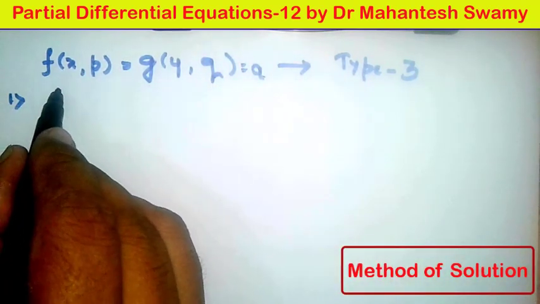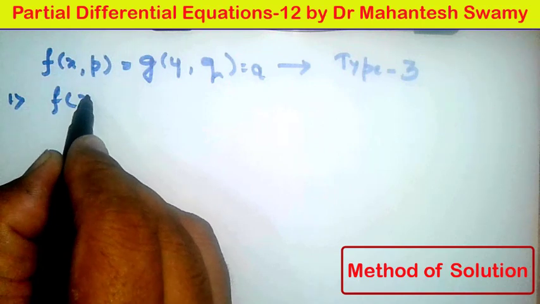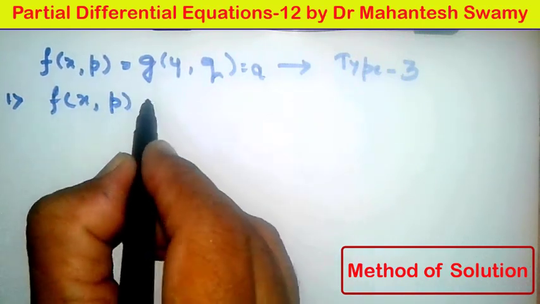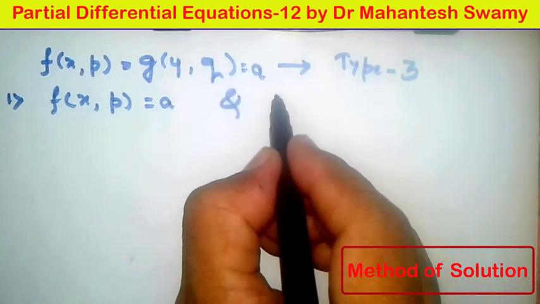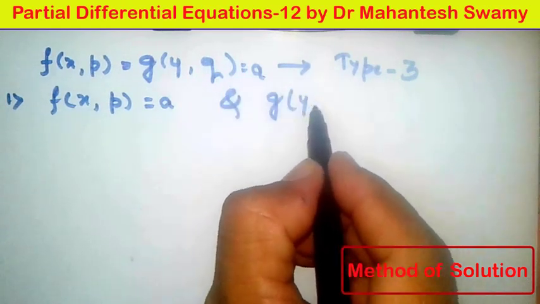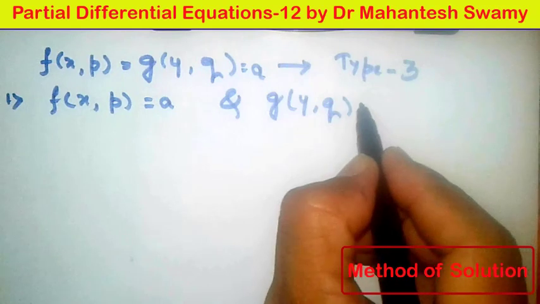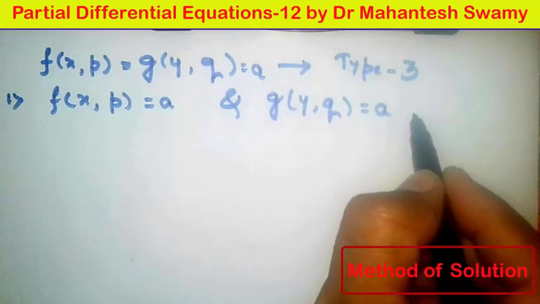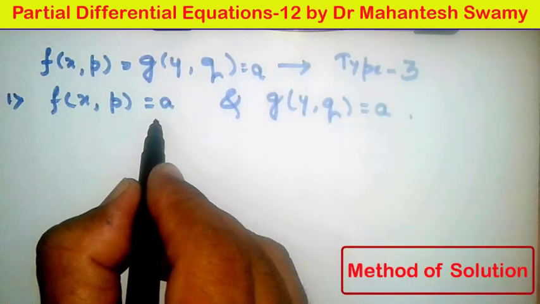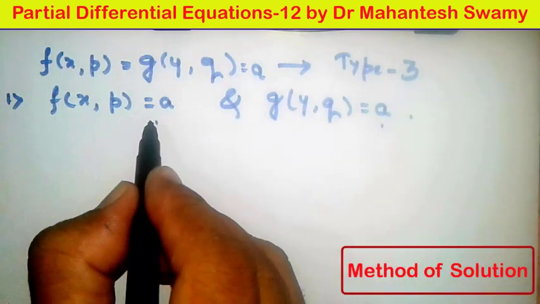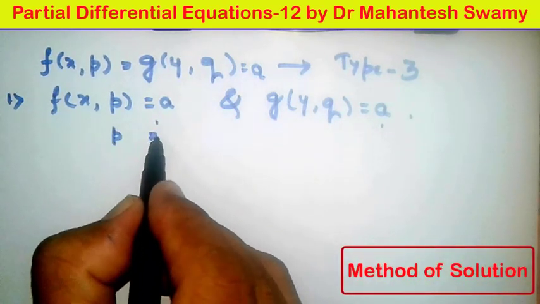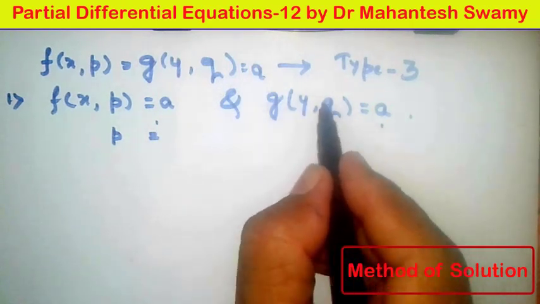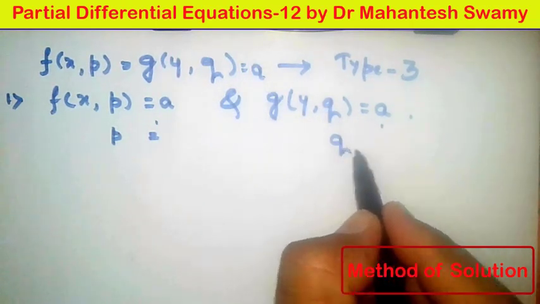Therefore f of x comma p, the left hand side, equals a, and the right hand side also equals the same arbitrary constant a. Now from these two equations we can get the value of p, and from the other equation we can get the value of q.